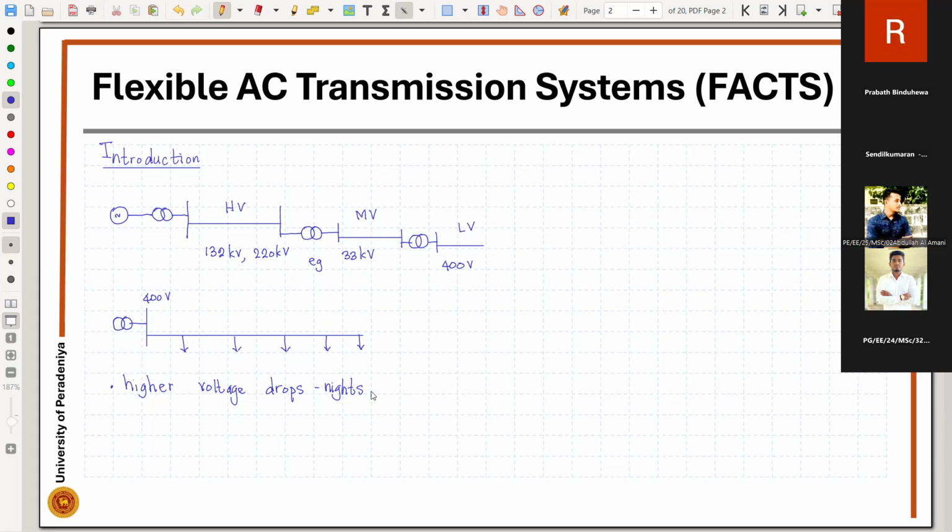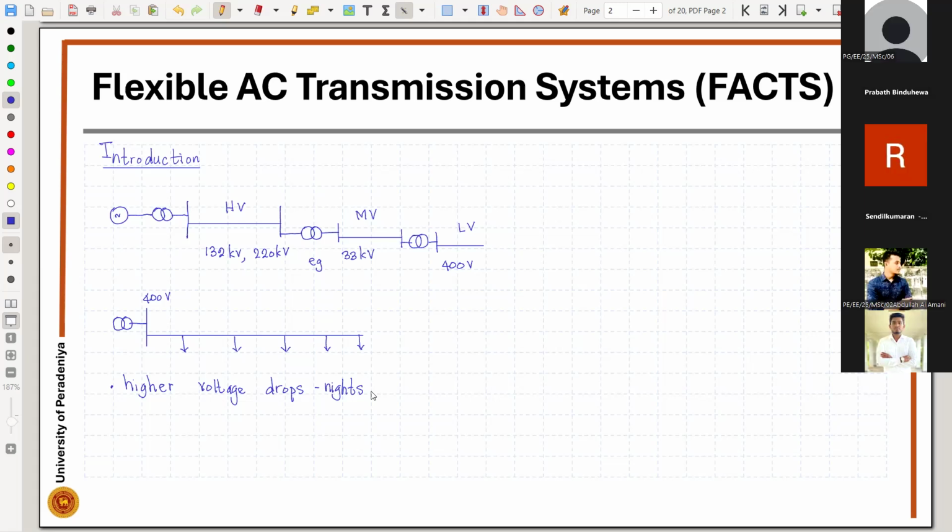I'm sorry, I'm expecting responses. Otherwise, this would be one-way communication and it is going to be difficult. So I expect responses from the students. Is there anybody working in the power system industry? Okay, there is one.